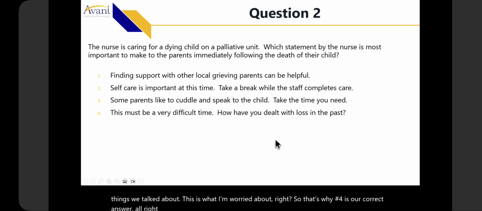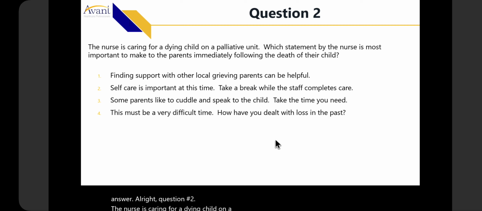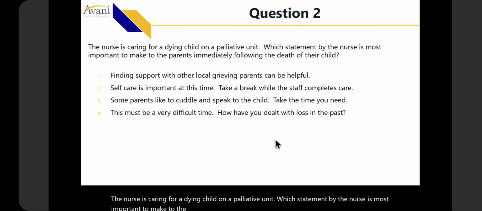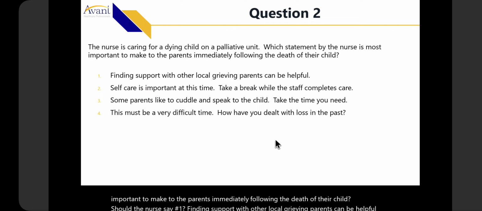All right, question number 2. The nurse is caring for a dying child on a palliative unit. Which statement by the nurse is most important to make to the parents immediately following the death of their child? Should the nurse say, number 1, finding support with other local grieving parents can be helpful?